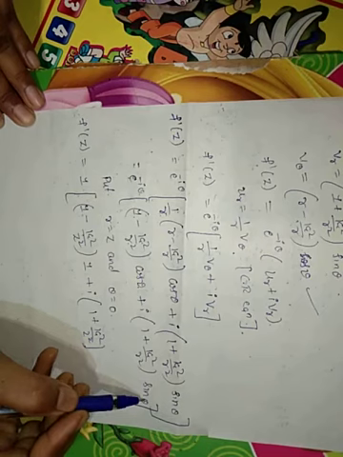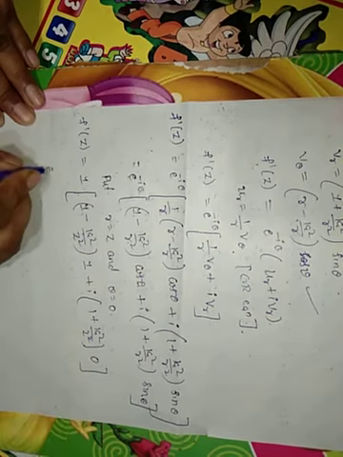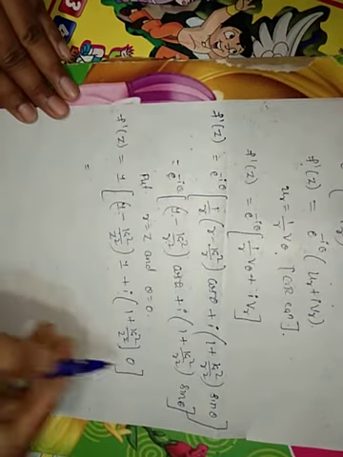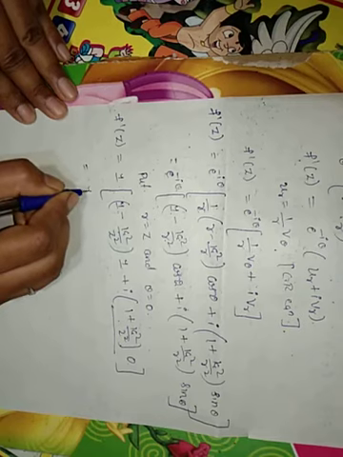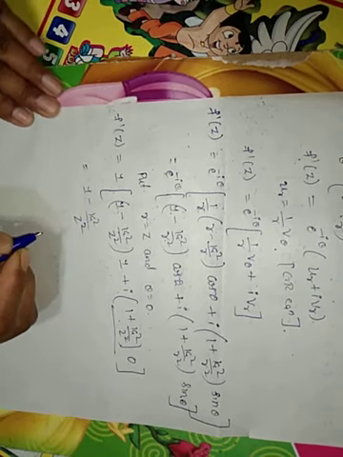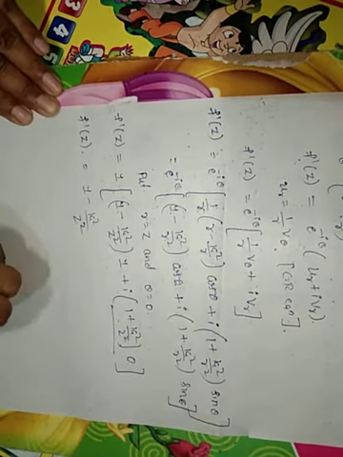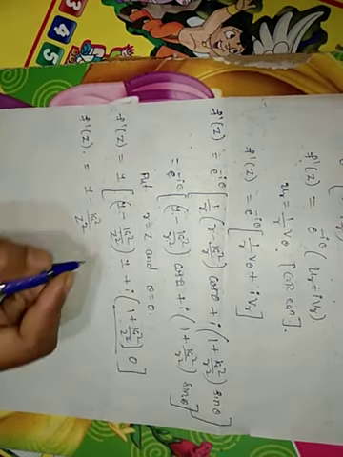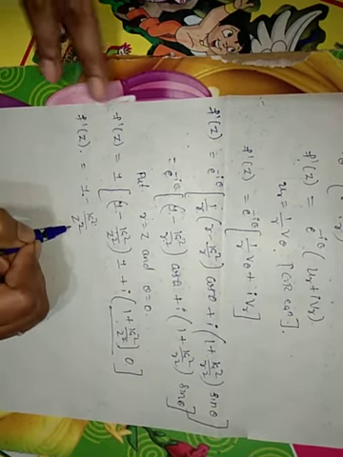Theta equal to 0, sin of 0 is 0. So 0 into something is 0, and 1 into something is something: 1 minus k square by z square. So that is our f dash of z. So f dash of z equal to 1 minus k square by z square.